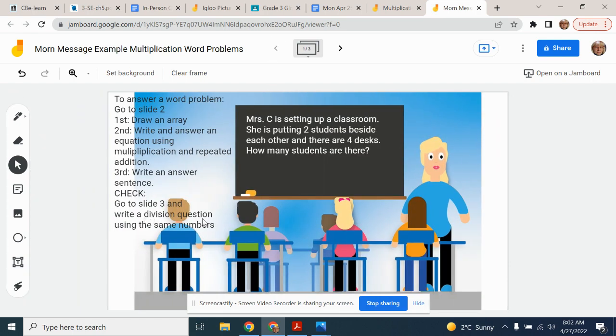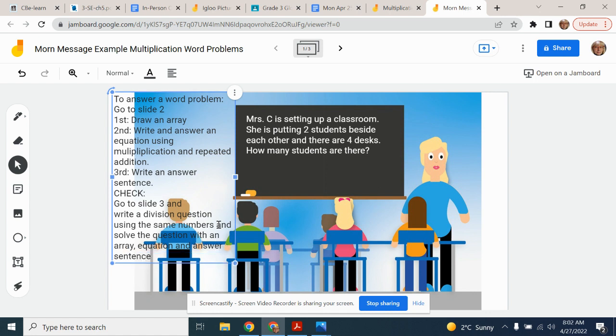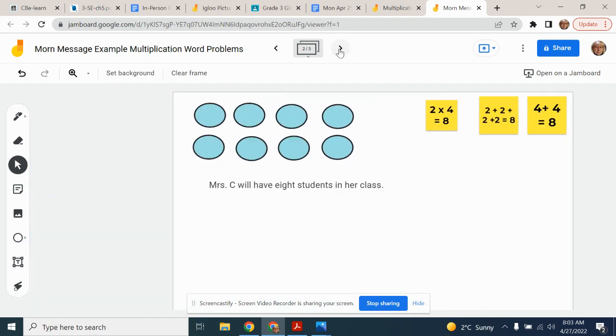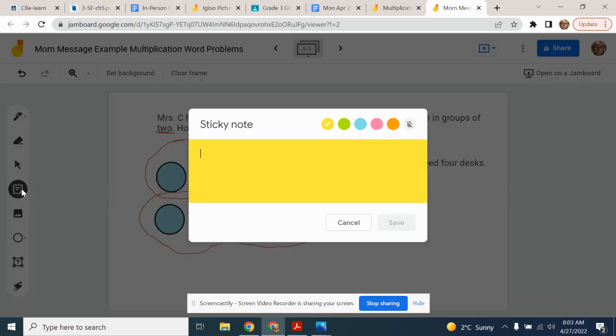Go to slide 3 and write a division question using the same numbers, and solve the question with an array. Oh, we should probably do an equation too. Equation and answer sentence. Good. I've thought of more work for you to do. Haha. Okay, so let's go here. We don't have a division question here, so we should put that in.